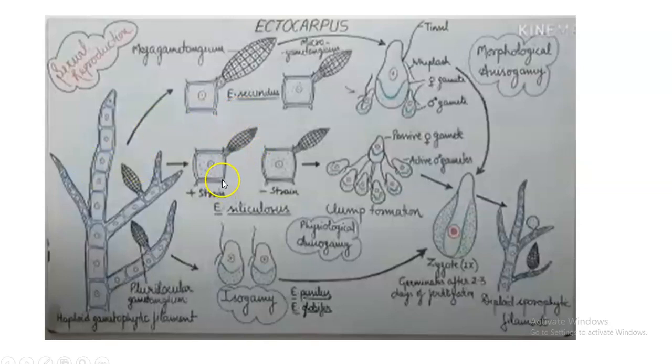When you observe from the outside, both are the same, but inside there is dissimilarity because the two gametes are formed from different thalli. This one is from one thallus, this is from a different thallus. Because of that, these gametes show physiological anisogamy. Morphologically they are similar. This kind of anisogamy we can observe in the species Ectocarpus siliculosus.